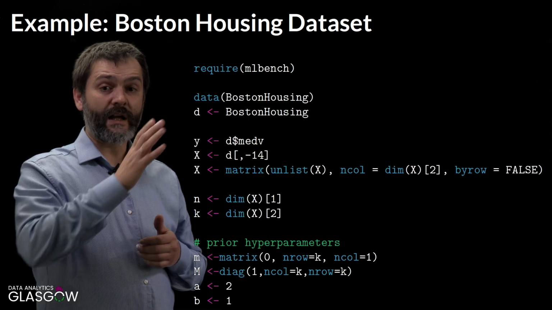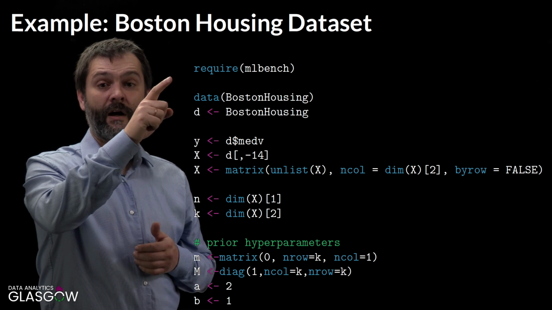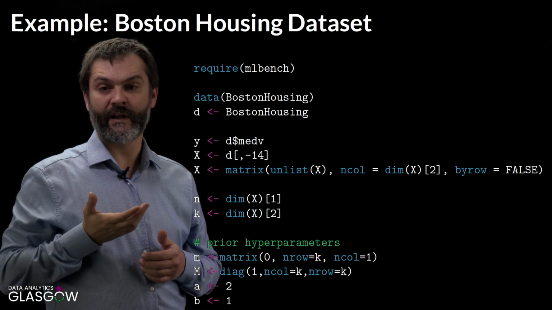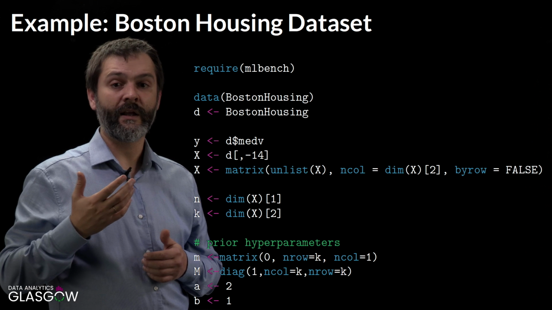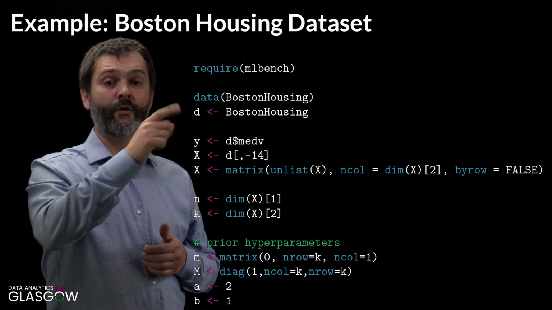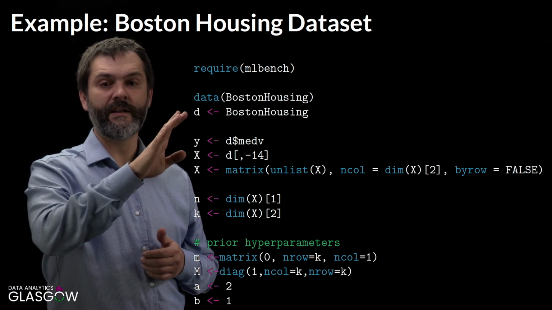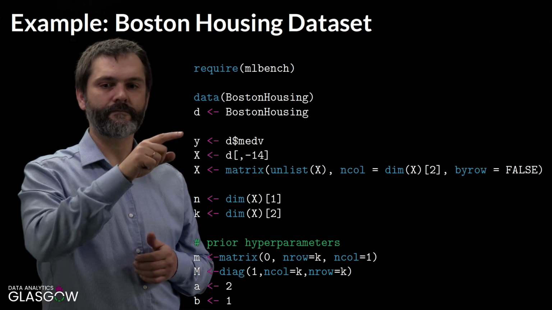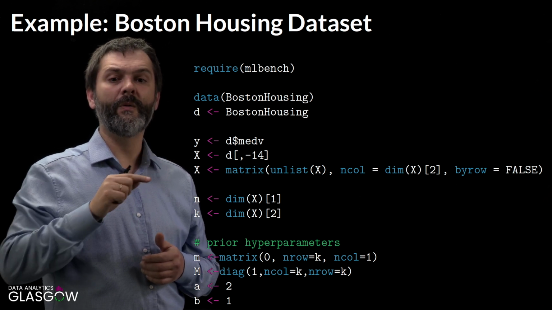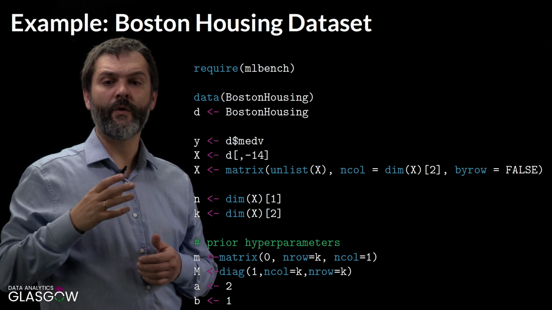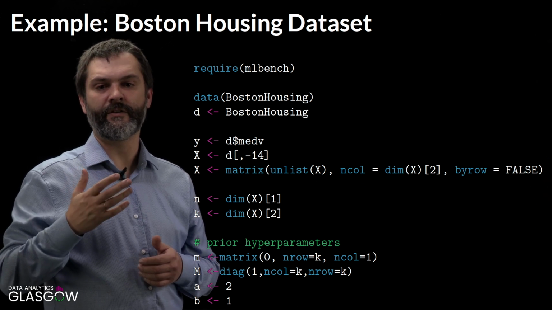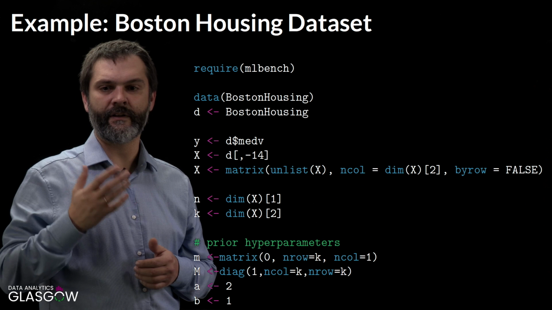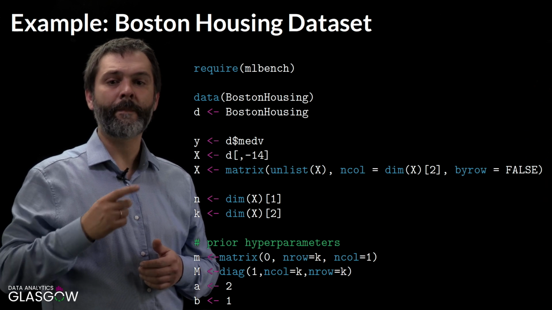So first I will load that package in R. You may need to install it if you don't have it installed with R by default. Then I load the dataset called BostonHousing, and this is that dataset. My values y will be the median value of the property in a particular district, and there are over 500 different districts observed.